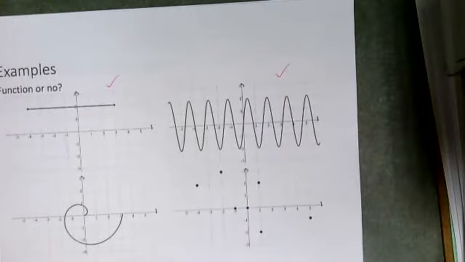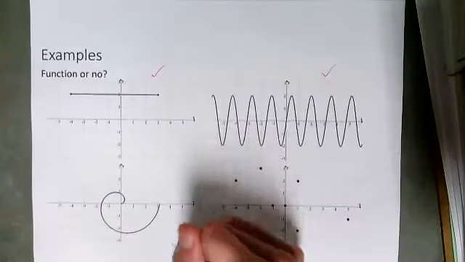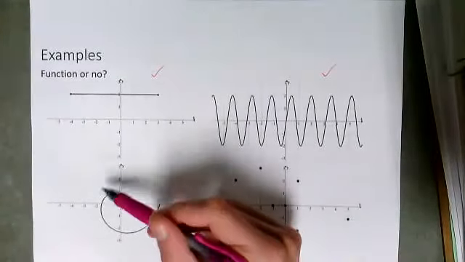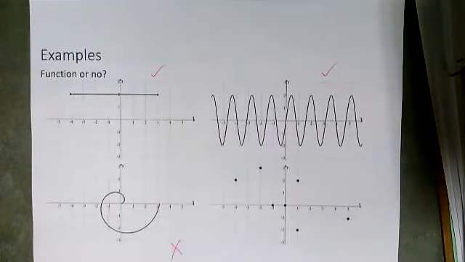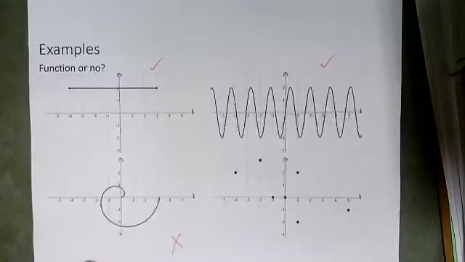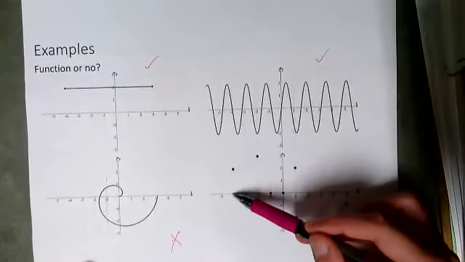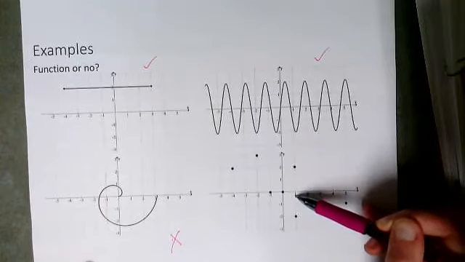All right, what about this guy? This guy is not a function. It fails the vertical line test miserably, say at -1. Draw a line, we hit the graph at 2 points. Not a function, right? What about this scatter plot of points? Also not a function. Why? Well, it has one input for -4, -2, 1, 0, problem at 1.